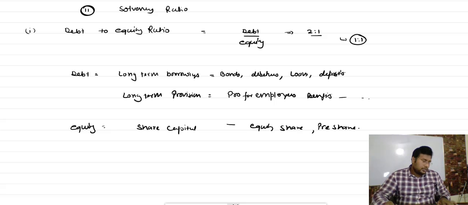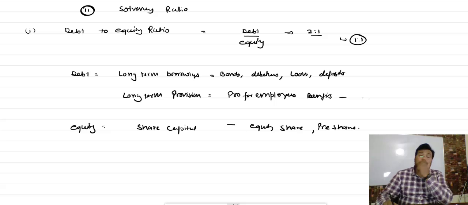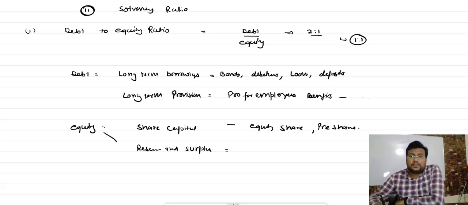And equity contains one more thing, reserve and surplus. Now that reserve and surplus contain what?